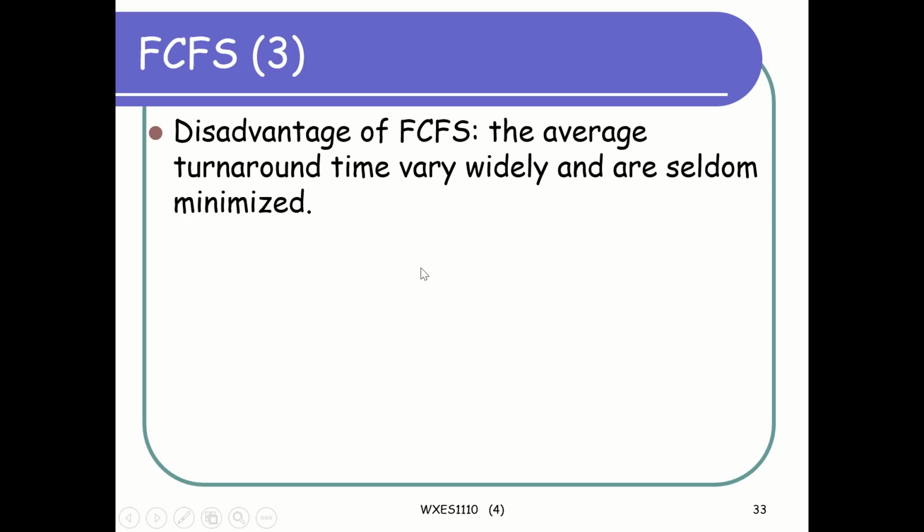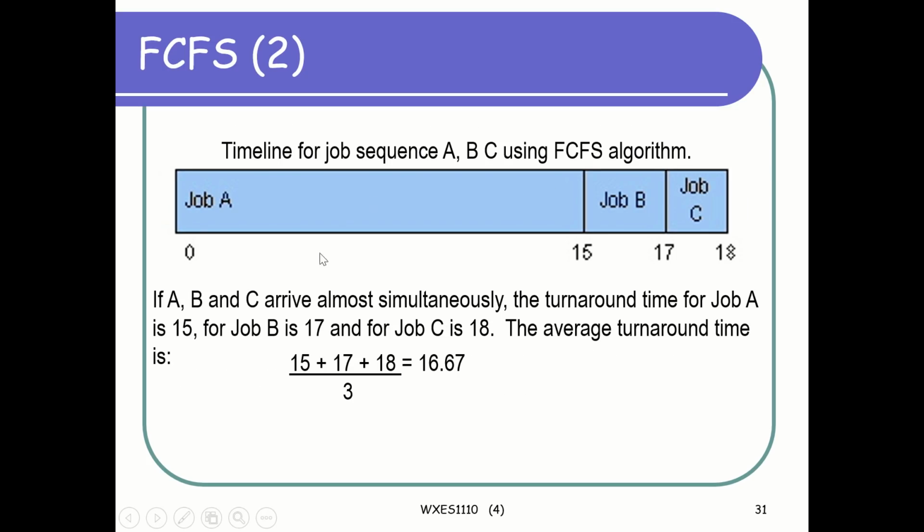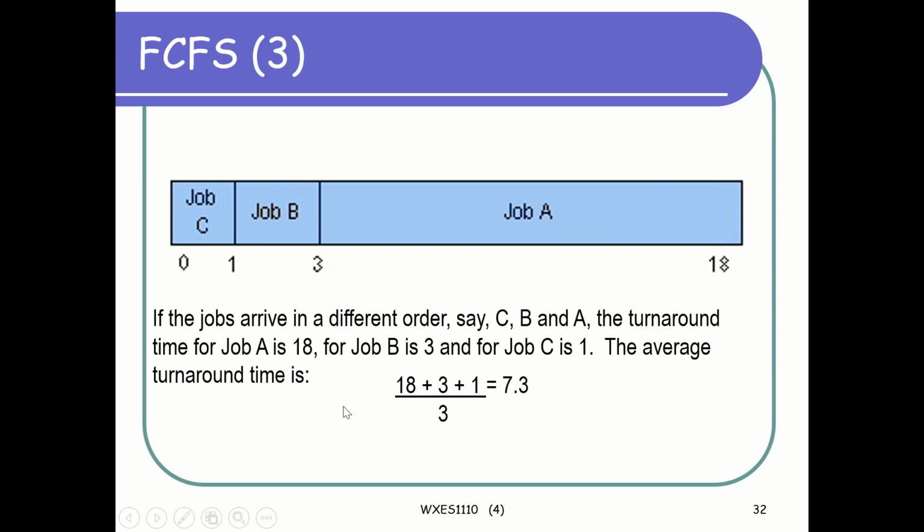The disadvantage of first come first serve is that the average turnaround time varies widely and is seldom minimized. With order A, B, C the average turnaround is 16.67, and if the jobs arrive in a different order, such as C, B, A, you have a lower turnaround time.